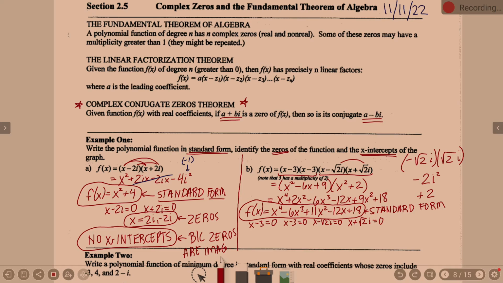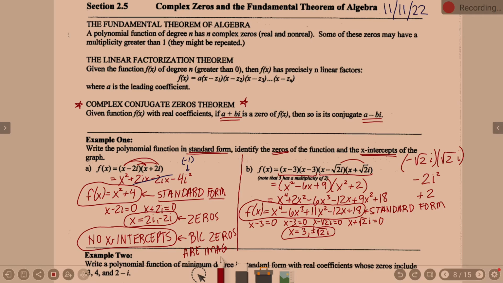What do I list as my zeros? 3, plus or minus the square root of 2i. Do I need to list 3 twice? No. Okay, it is a 0.